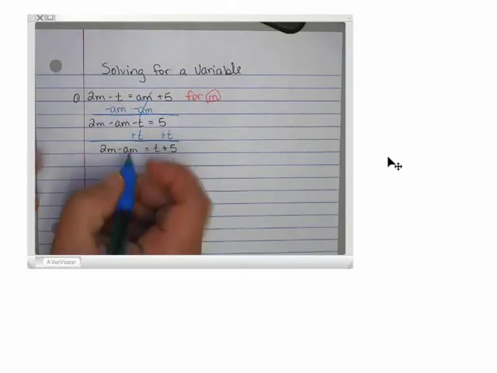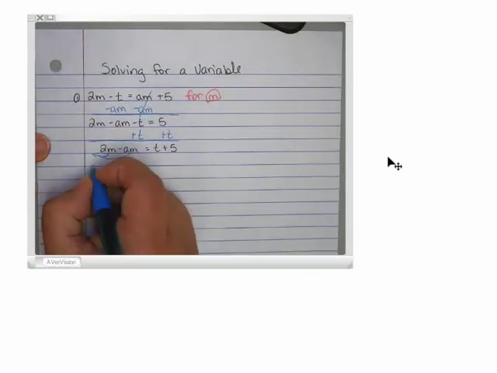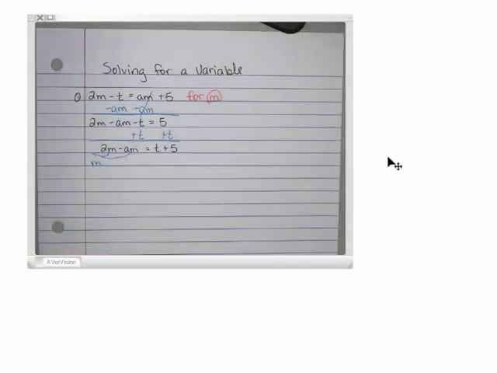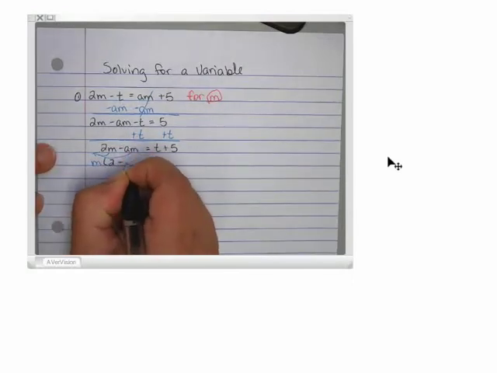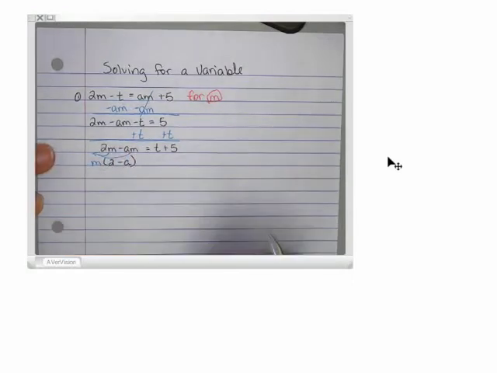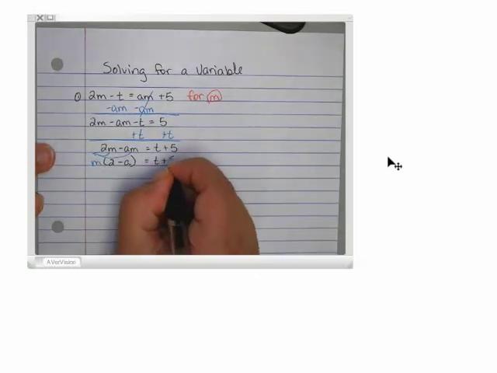Now, we're going to go back to our factoring that we did in pre-algebra, or basically the opposite of the distributive property, and we're going to take m out. So m is going to come out, and we've got 2 minus a equals t plus 5.